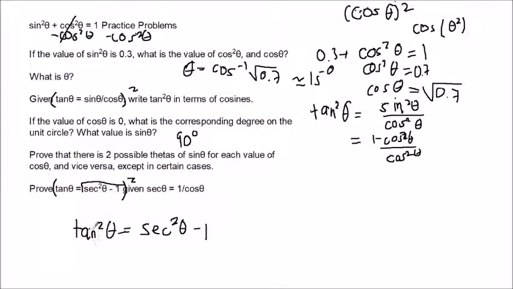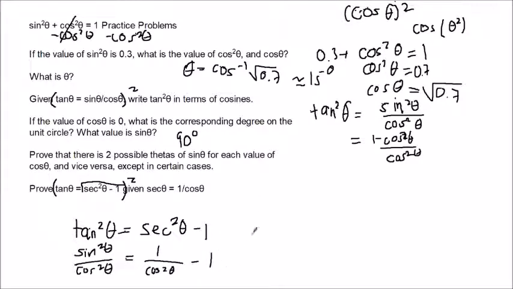And then we can decompose this into sines and cosines. So tan squared of theta is just sine squared of theta over cosine squared of theta. And that's equal to, well, this is 1 squared minus cosine squared of theta minus 1, right? And since our 1 is independent, we can have the same thing on both the numerator and the denominator, and it will still be the exact same thing.